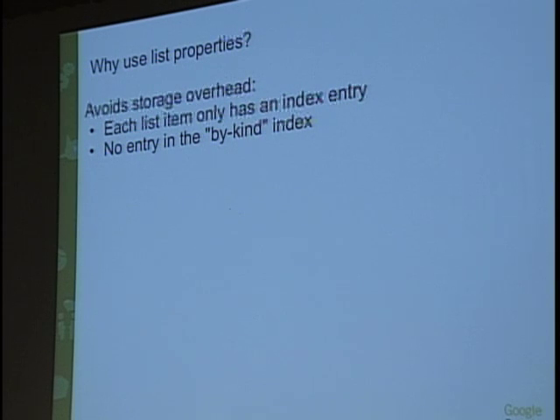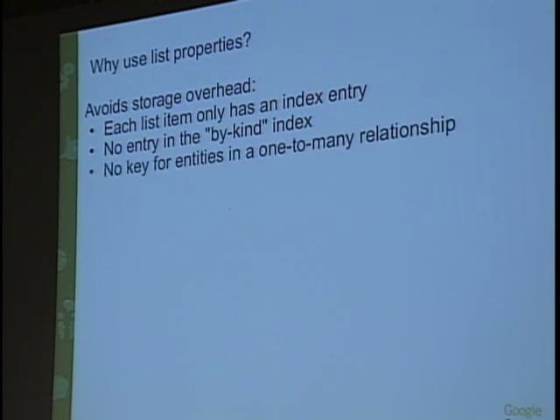You may know, if you've used it, that the kind index is a special index that's automatically created for you for each entity. Since we're using properties and not entities, we don't actually have an entry in the by kind index, so that saves us some room. There's no key for entities in a one-to-many relationship. So our colors, red, green, and blue, are simply properties on the user and not separate things.